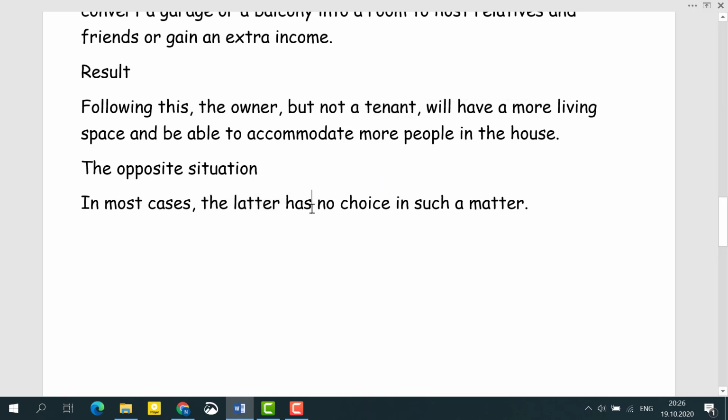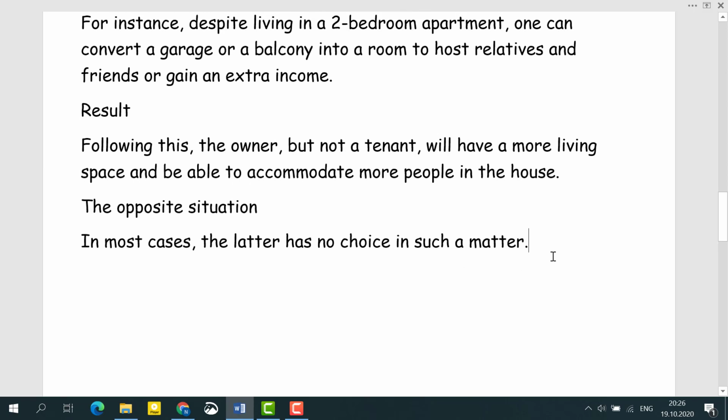Has no choice means he doesn't have the opportunity to carry out alterations. In such a matter means in this case. Again, I'm referring back. We know what kind of situation we're talking about, and therefore I'm using referencing here.